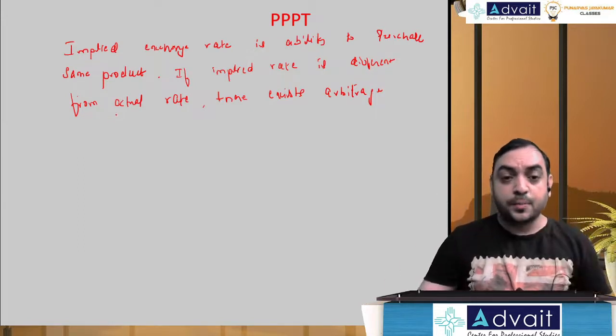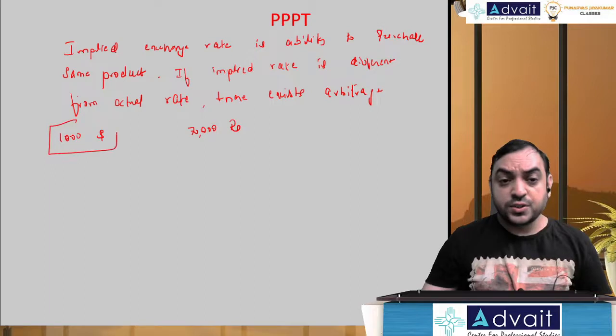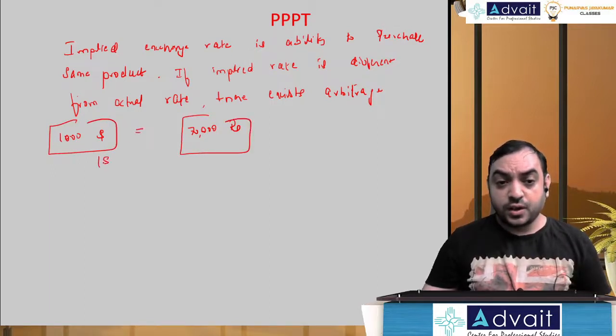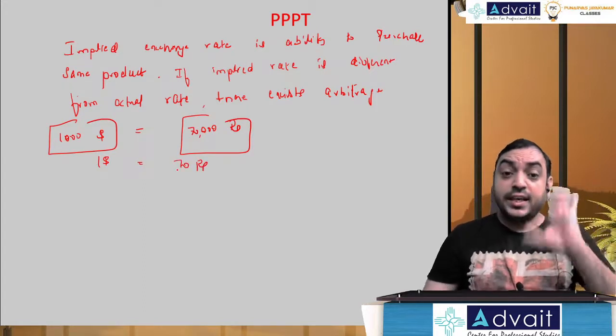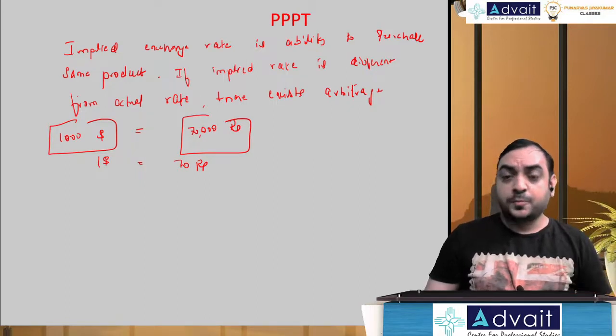A simple example: suppose in the US a phone costs $1,000. In India, the same phone, same quality, costs 70,000 rupees. Now $1,000 equals 70,000 rupees. That means $1 equals 70 rupees. This should be the exchange rate. If not, then there exists an arbitrage opportunity. That's what the purchasing power parity theorem says.